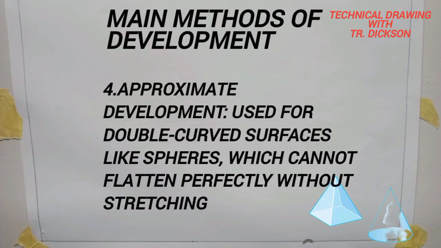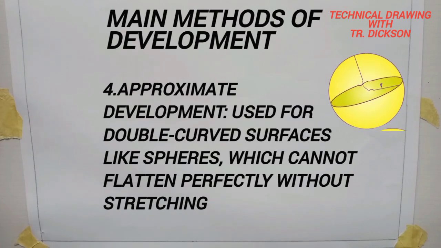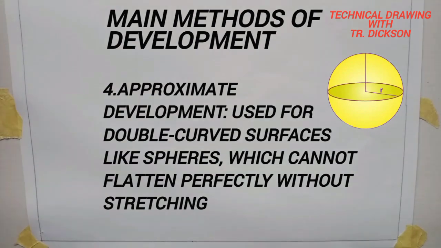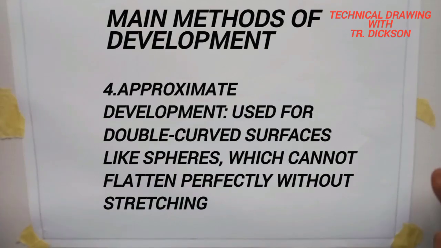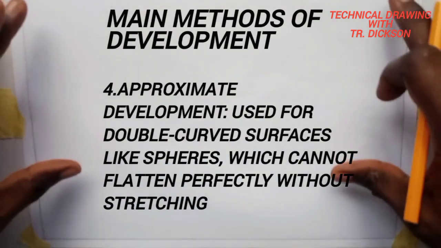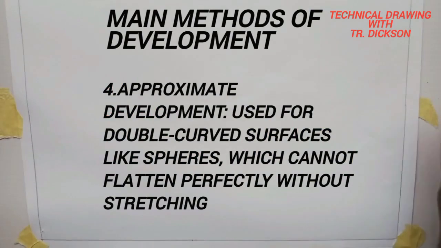We have approximate development used for double curved surfaces like spheres, which cannot be patterned perfectly without stretching. All right, so these are the four types of development that we have in technical drawing, and we are going to take a look at one of them.